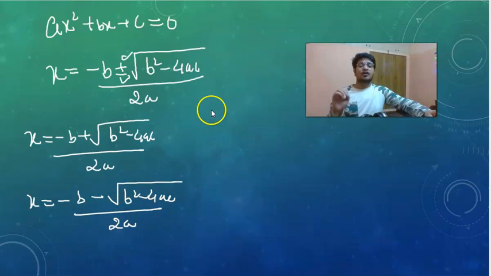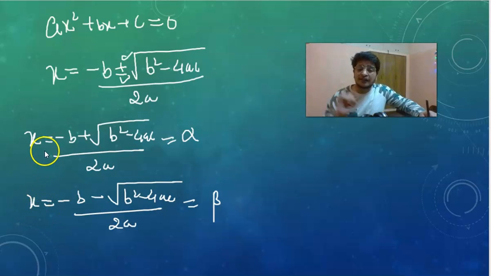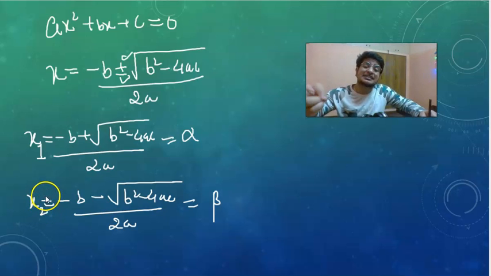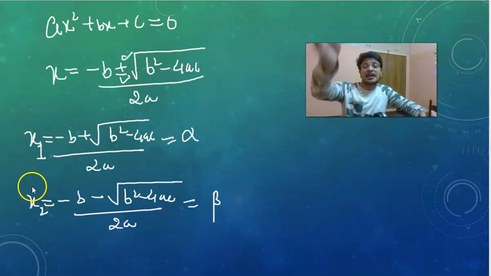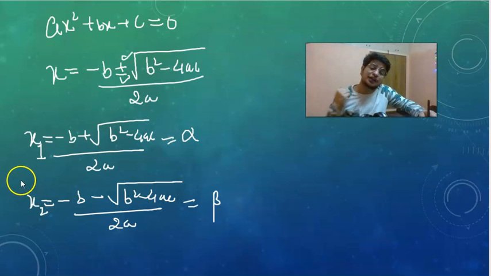The first root we can term as alpha and the second root as beta. So here we can write x1 and x2, which will be the correct notation instead of x.